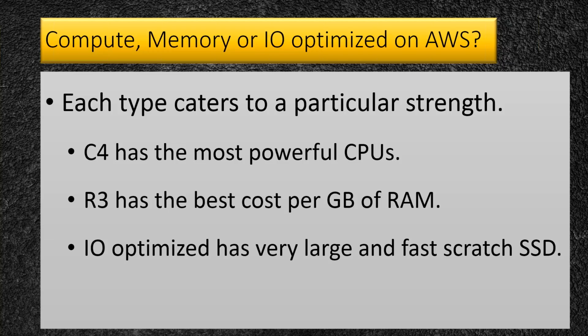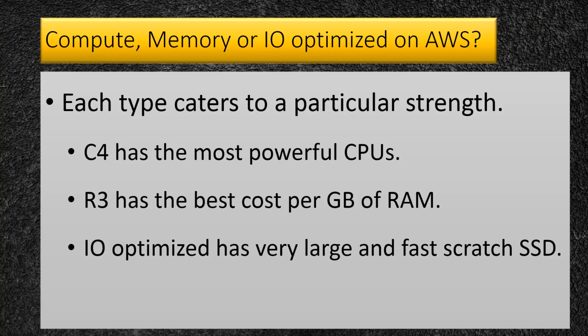If you're lucky enough that you are migrating, then you can just run a perfmon trace on your existing VM so that you can characterize your workload and see which one matches more, if you need the CPU power more, or the RAM more, or if tempdb is a huge thing for you and you want the really fast scratch SSD and really fast scan rate, then you can use the I/O optimized one. So it really depends on workload.